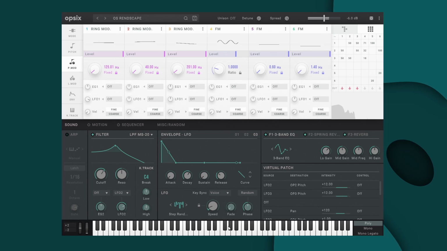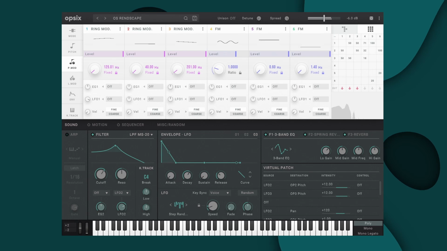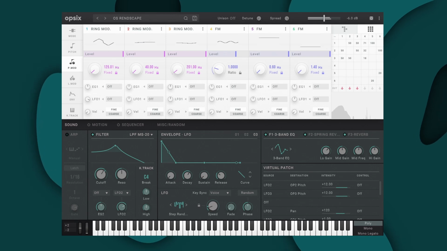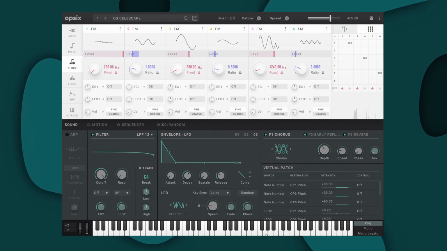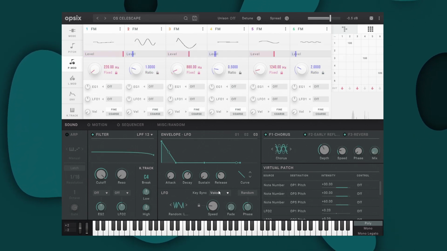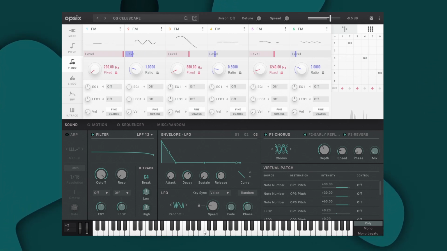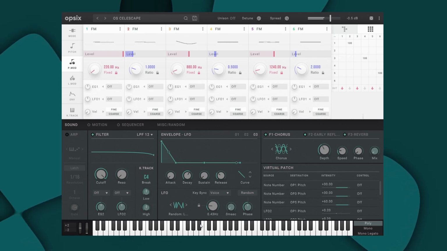This is not a patch that you can easily play, but it is a fun one to listen to. This is a fun patch and different to a lot of the other patches, I think. But it was something I particularly wanted to build.